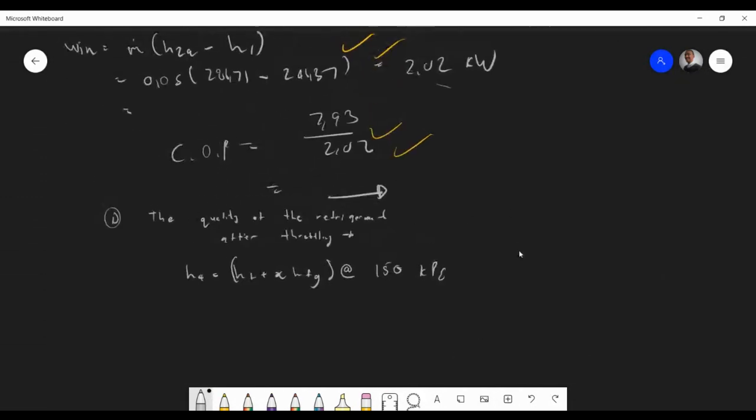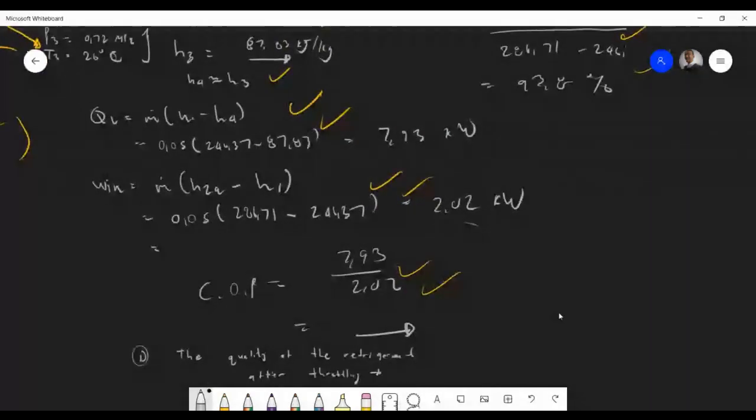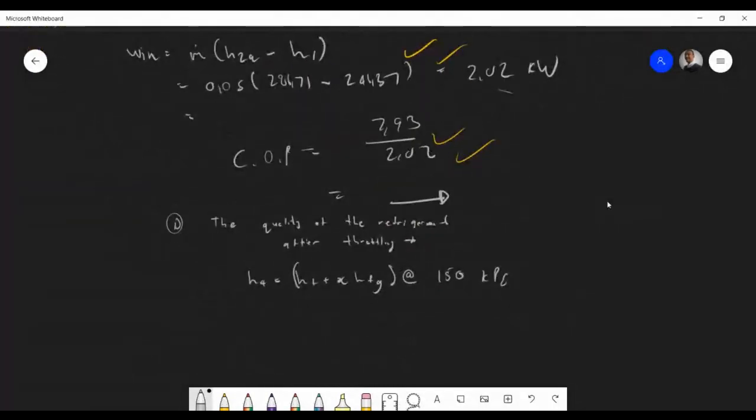Obviously h4 Silas has got for us, which was 87.83. And what we need to do now, and I'll let you do it, is find hf at 150 kilopascals plus hfg. Remember, this is your enthalpy of evaporation. So then obviously our only unknown will be x. So maybe Miss Nguena can find hf and hfg for us at 150.